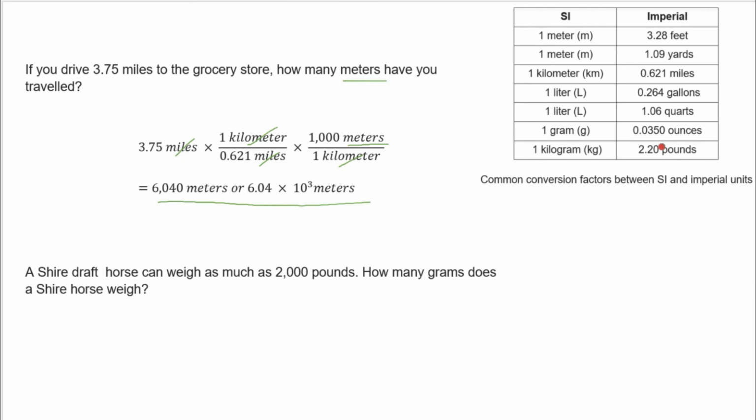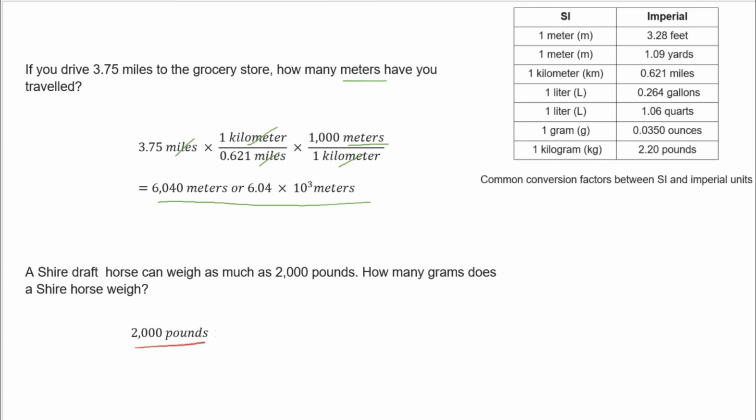So I do not have one conversion factor to move between pounds and grams. So I'm going to have to put two together. So I am first going to convert my pounds to kilograms using this conversion factor. And then once I have kilograms, converting into grams is again just a matter of using the prefix.